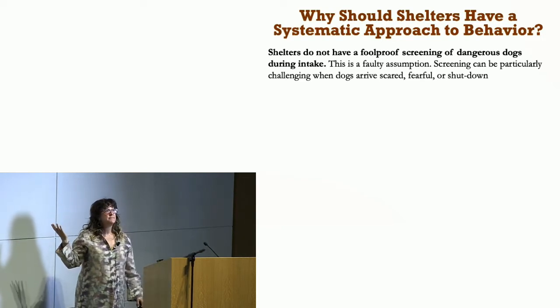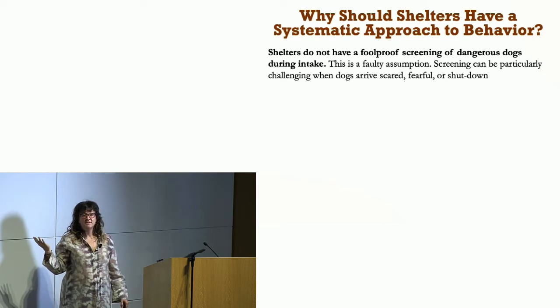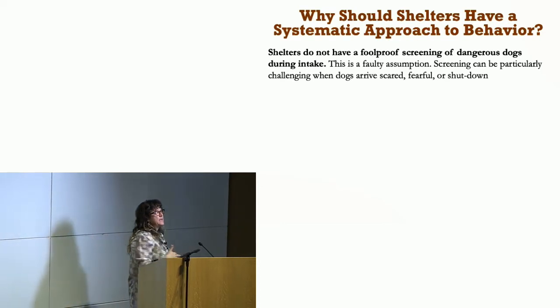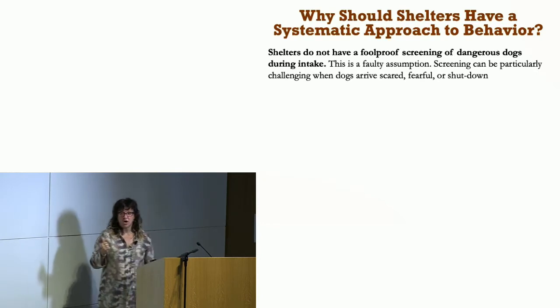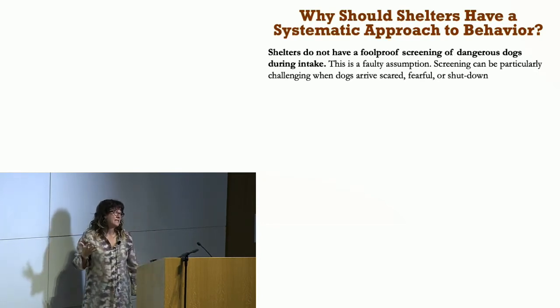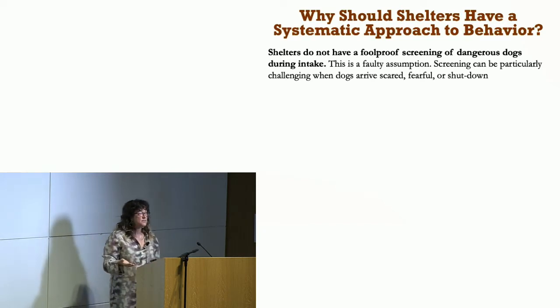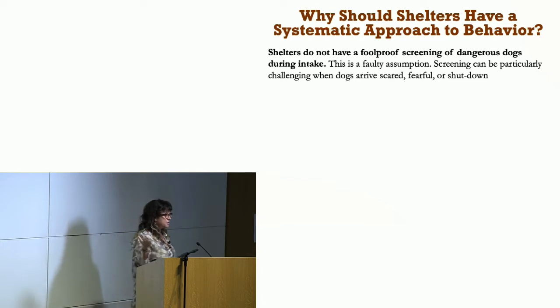And we just miss it. And that happens, and that's no fault of anybody. Behavior is dynamic. But the fact that we think that we can just see dangerous dogs without spending any time recording and collecting multiple snapshots, it's a faulty assumption. All of us have missed dogs. I've done it. I'm sure you have as well.